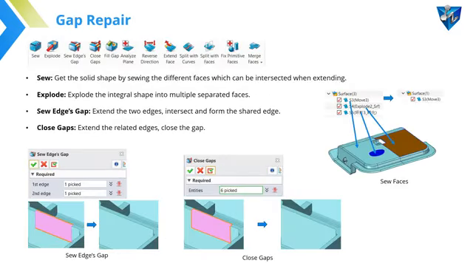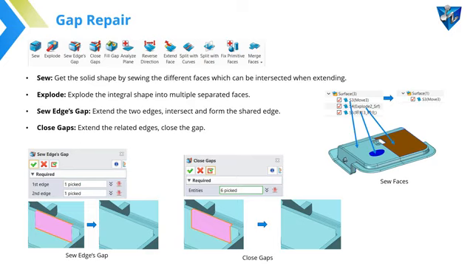Alright, the last topic, gap repair. As you can see, ZW3D provides 12 related tools in total. Here, please note, most of them can also be found in the surface editing module. Okay, first, sew. With this function, you could get the solid shape by sewing the different faces.